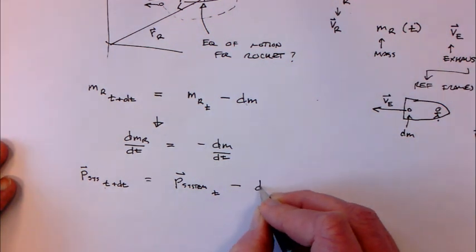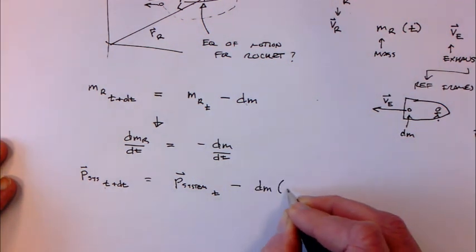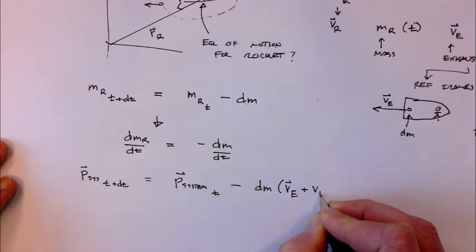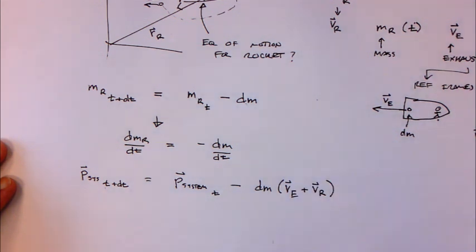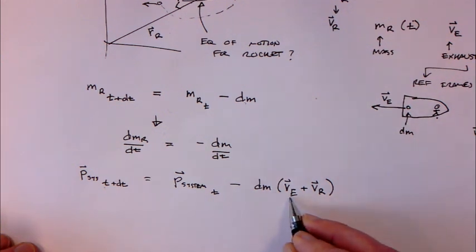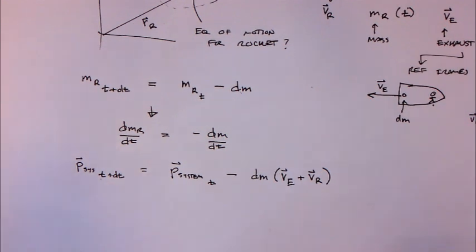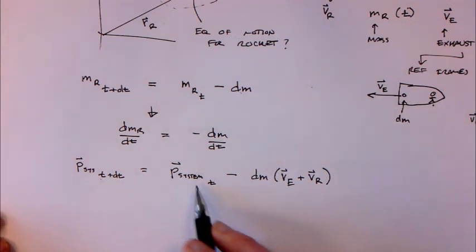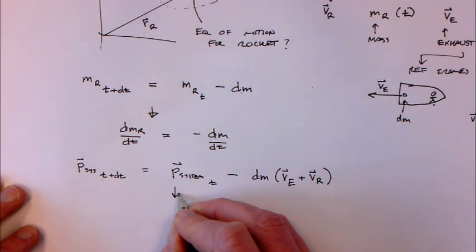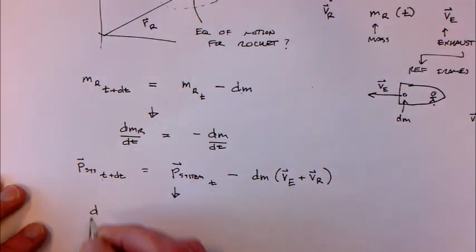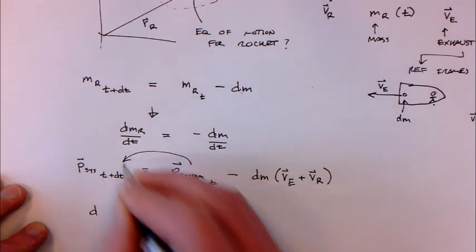And the momentum that's left the system is dm times the velocity of the exhaust relative to the velocity of the rocket, right? In other words, minus dm times v sub e plus v sub r. Remember that v sub e is the velocity of the exhaust relative to the rocket. Okay, well, now let's turn this into a differential equation first. We'll simply divide through by dt and bring this over to the other side.